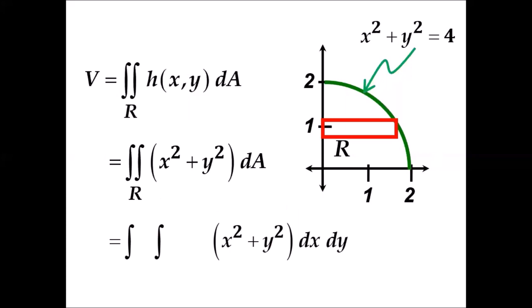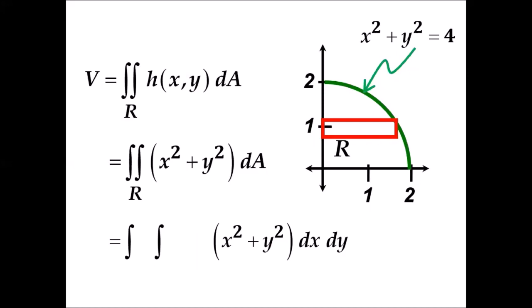For the bounds of the innermost integral, we have to express the leftmost and rightmost bounds of R in terms of the variable y. R is bounded from the right by x equal to the square root of 4 minus y squared and bounded from the left by x equal to 0.